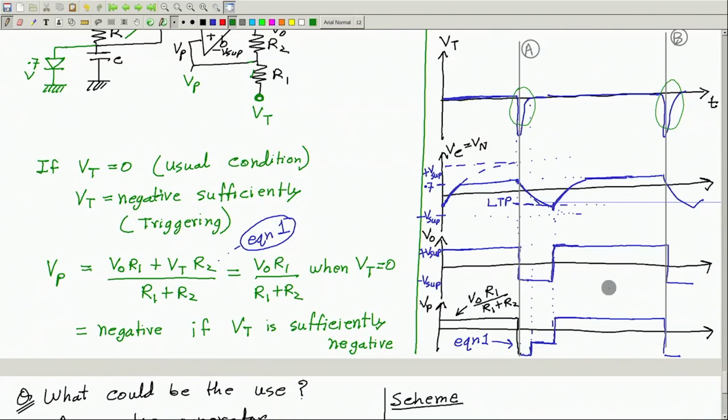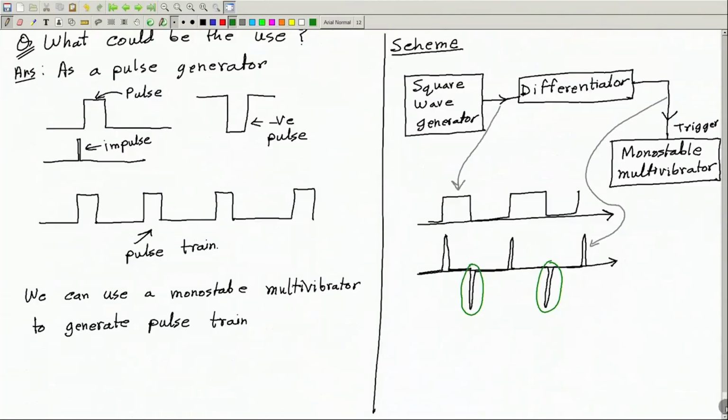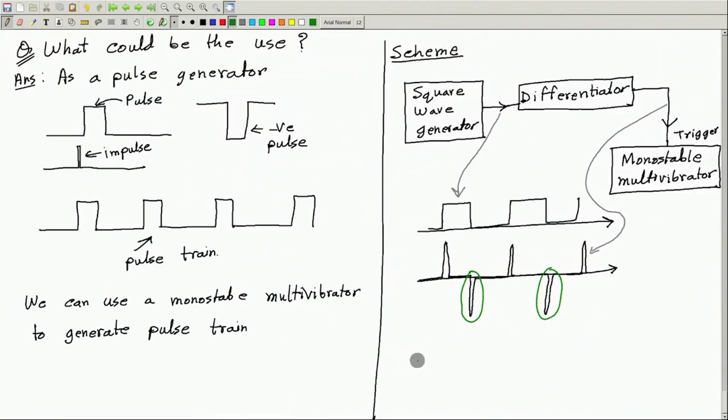So, the output of this circuit varies like this: it goes to negative, stays negative for some time, then goes to positive, and stays there until the next negative pulse comes, and so on.